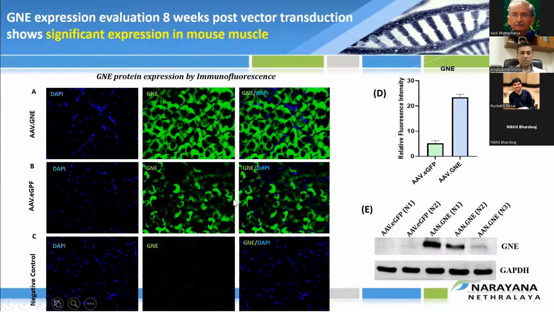It's not GFP, it's still GNE staining. And you can see this fair increase in expression. The same thing is seen in Western blots of the same muscle tissues. This is using histochemistry, so the same results.